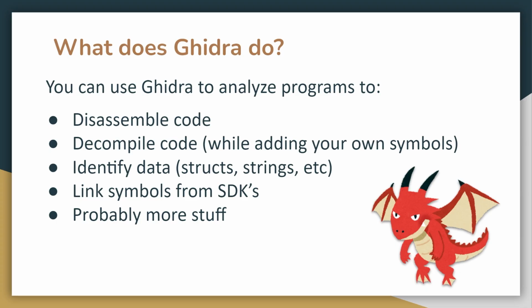You can identify different pieces of data, like strings or structs, and have that embedded in the code itself. You can also use different extensions to link symbols from whatever SDK for whatever platform you're using, like the PlayStation 1. And it could probably do a lot more stuff that I don't even know about because I haven't been using it for that long myself.